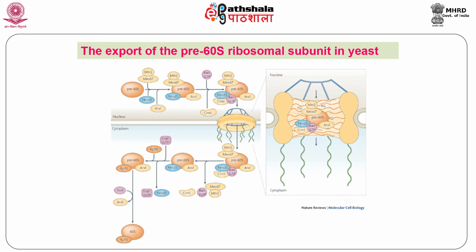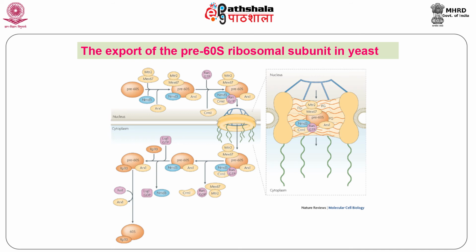Pre-60S ribosomal subunit undergoes a complicated series of assembly steps in the nucleolus and reaches cytoplasm. It recruits several different classes of export receptors. The CRM1 export receptor binds in the presence of RAN-GTP to the nuclear export signal containing adapter NMD3.